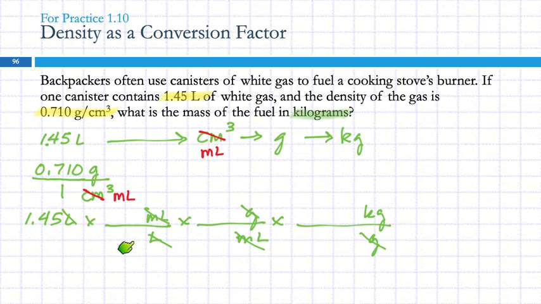I have milliliters and liters. Milli is on the top, so I'm going to write what it means on the bottom because I don't want to put them together. So milli means 10 to the minus 3. I have 1 milliliter is 1 times 10 to the minus 3 liters. The grams per milliliter here is the density I was given.